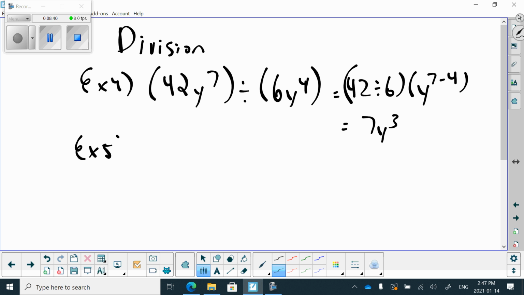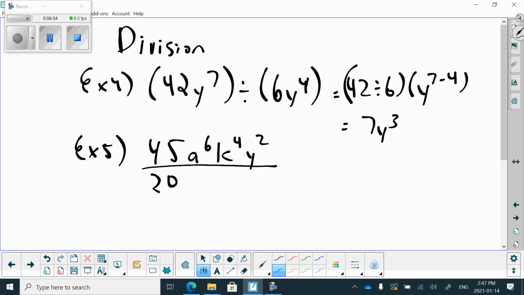Example 5. Again, this is sometimes written like this, and this should be just like, I know what to do here: 45a to the 6th k to the 4th y squared all over 20a to the 4th k y to the 6th.